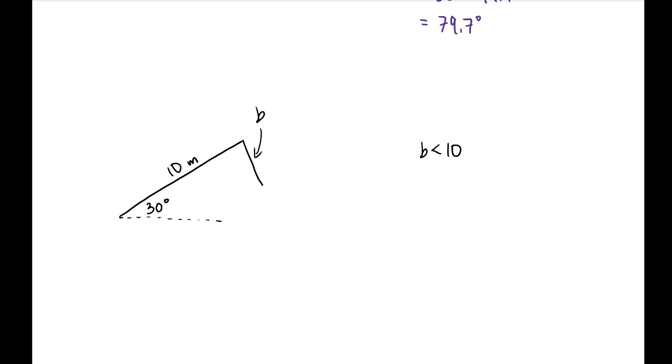But it also has to be greater than the height of the triangle. The height I can find by doing 10 sin 30. I picked these numbers very particularly, because sin 30 degrees is 1/2, so 10 sin 30 happens to be 5. So as long as the value I pick for b is between 5 and 10, this is going to become an ambiguous case question.